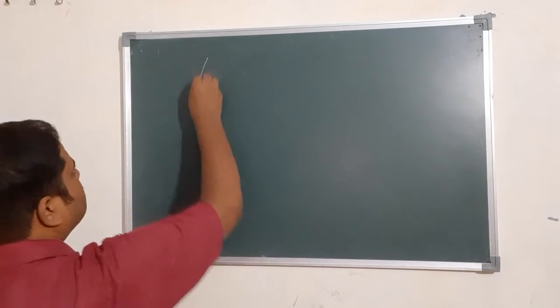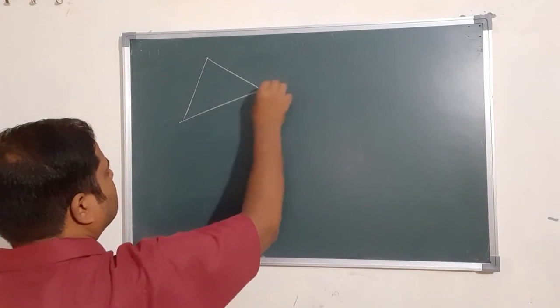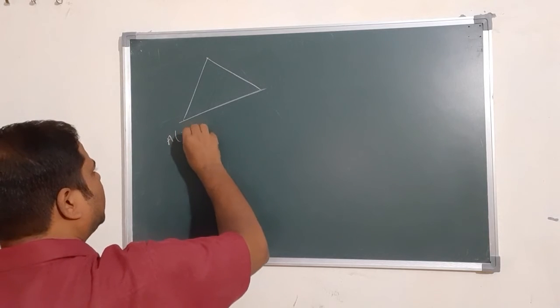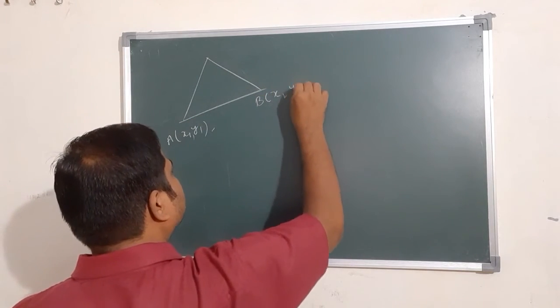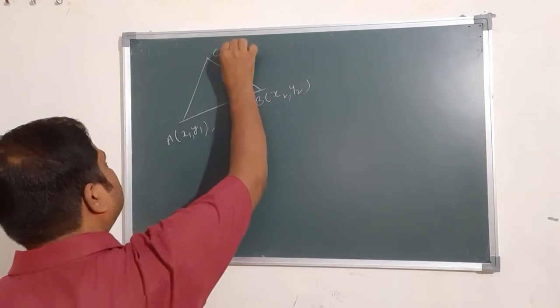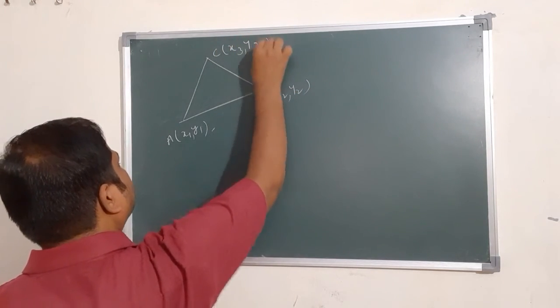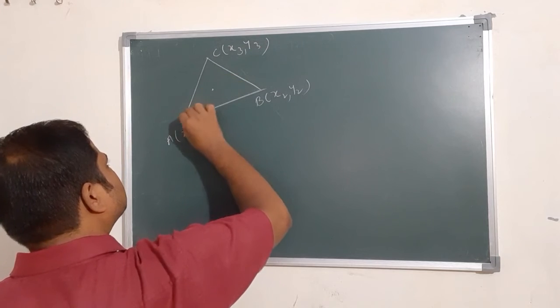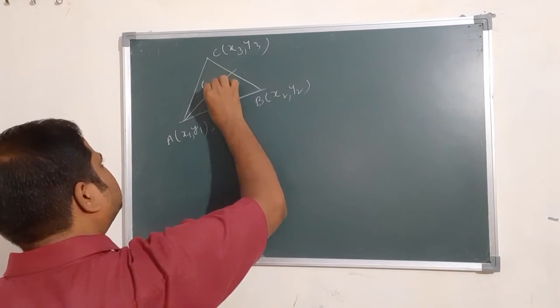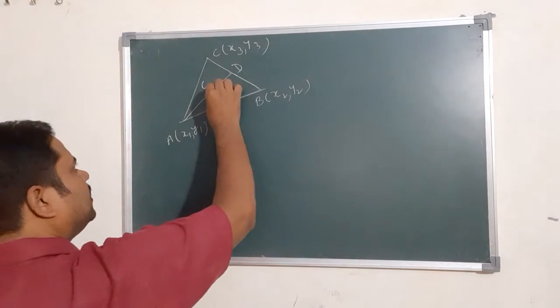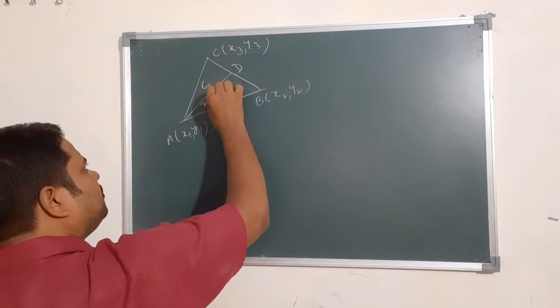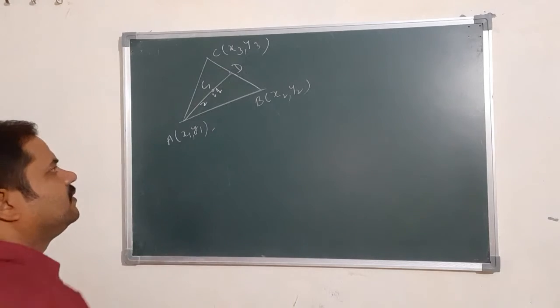So suppose this is A x1, y1, B x2, y2 and C x3, y3, and this is the centroid G and this is AD. AD is the median. Then G divides AD in 2:1.